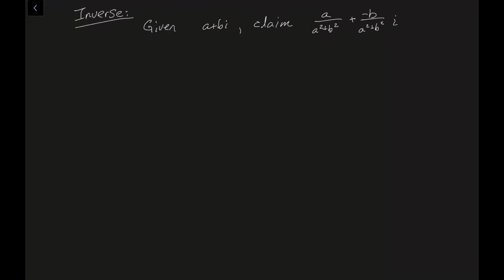To show this, we're going to take a plus bi and multiply it by our alleged inverse and show that we get 1 plus 0i. And then we're going to take what we claim to be the inverse and multiply it by a plus bi, the opposite way, and show that we also get 1 plus 0i.